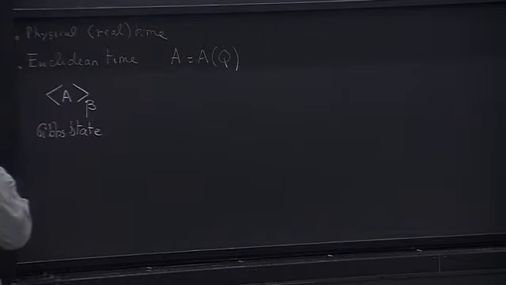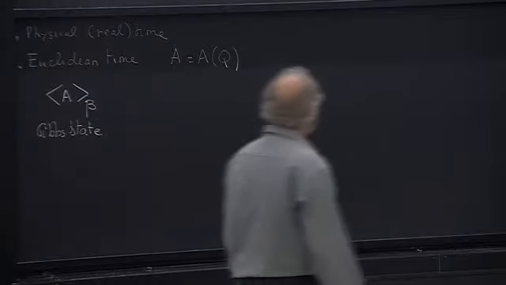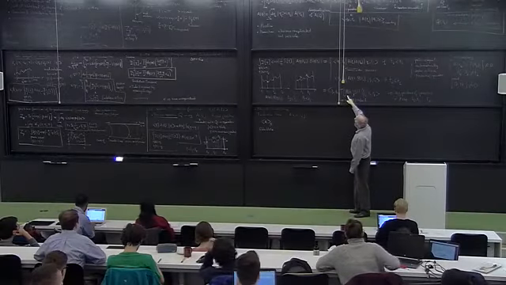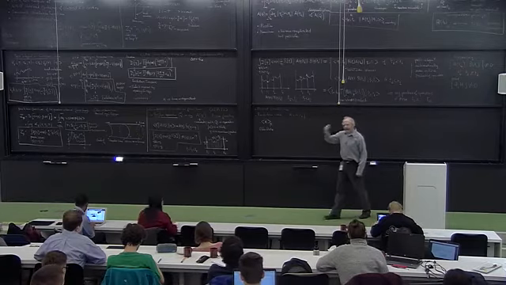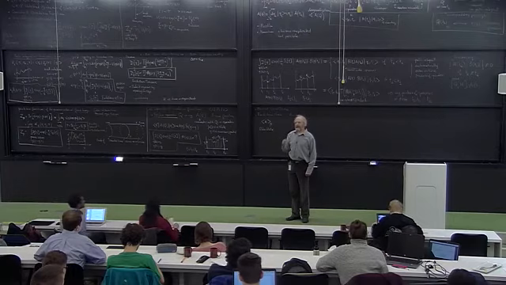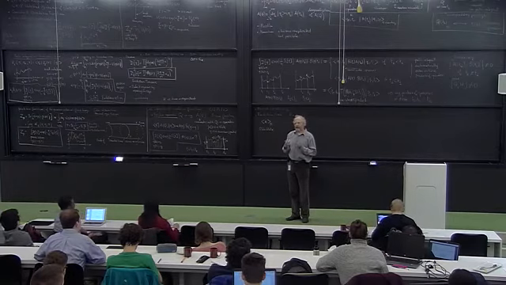What happens when you consider two or more operators acting at the same time? When you apply this operator and this operator at the same time, I have no problem, because if A and B are functions of Q, they commute at the same time. So the time-ordered product is unambiguously defined.